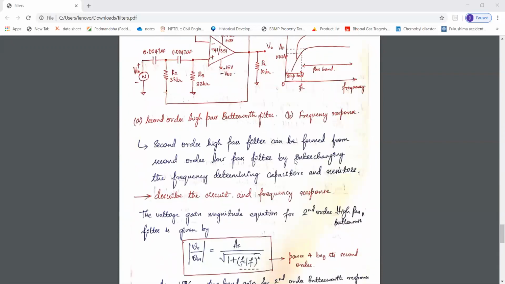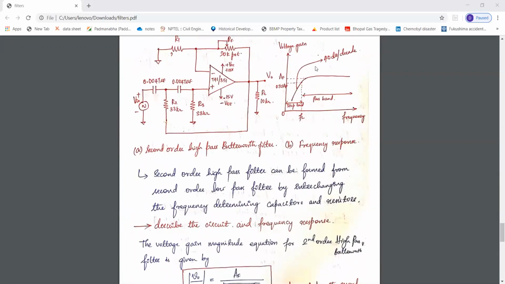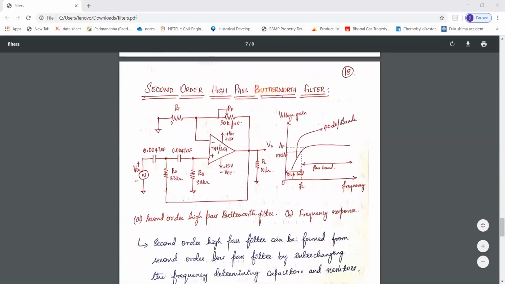So the key points here are, the roll-off factor is 40 dB per decade, and here we have two pairs of resistors and capacitors. So this is the important observation from the circuit diagram and the frequency response that we are supposed to make for the second order high pass Butterworth filter.